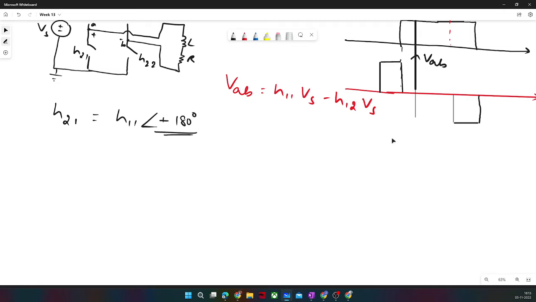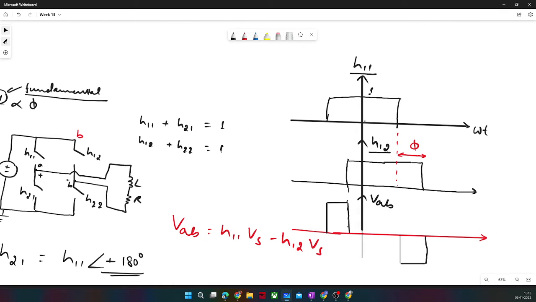H11 was half because again it is conducting for 180 degree, from minus pi by 2 to pi by 2.